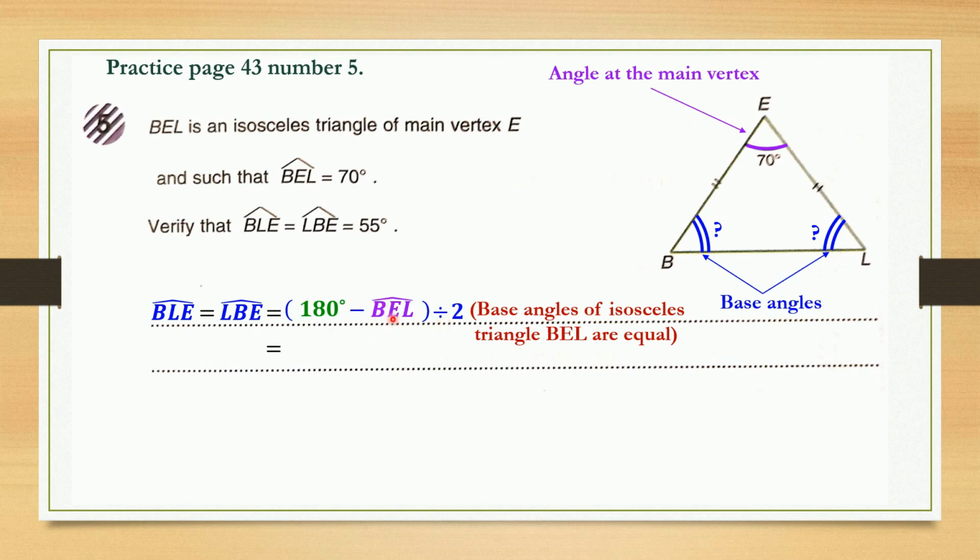Then we replace BEL by its measure, equals, we open the parenthesis, 180 degrees minus 70 degrees, divided by 2, equals 110 degrees divided by 2 equals 55 degrees. So this is how we calculate the two angles at the base in an isosceles triangle in case they gave us the measure of the angle at the main vertex.